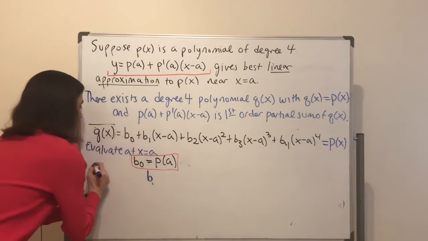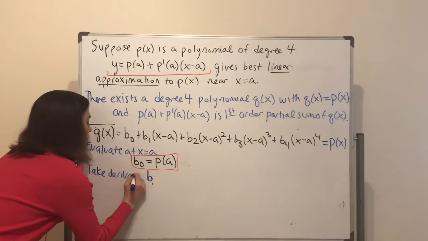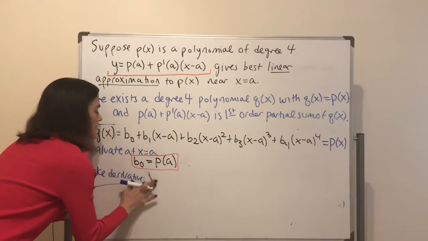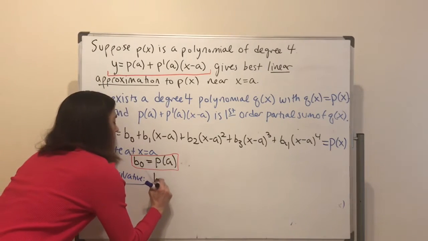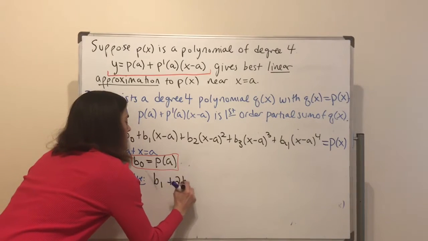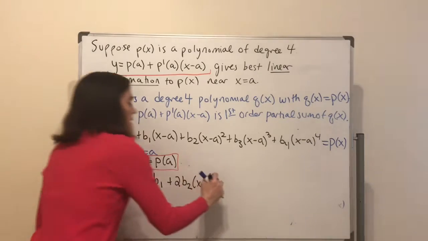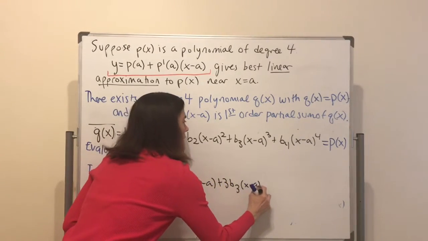So what have I done? Maybe I'll write in blue what I'm doing: take the derivative. And then I'll write in black the line that matches above. Very nice. This is b1. This is 2 b2 times x minus a. This is 3 b3 times x minus a squared.